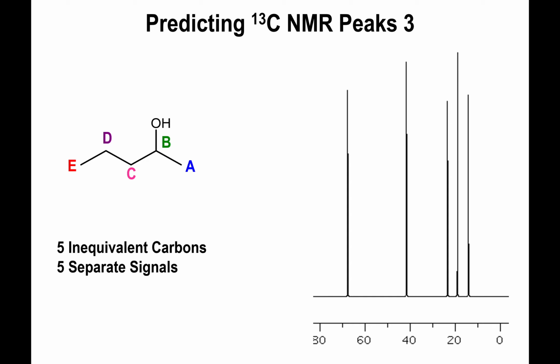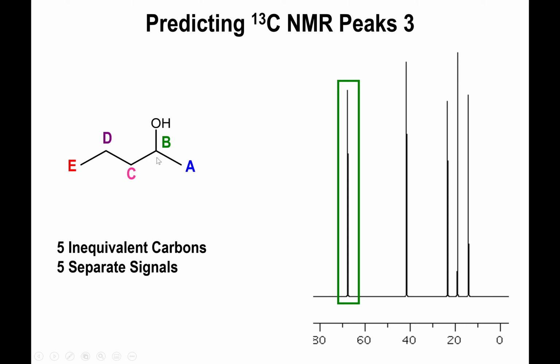All right, so 5 peaks, 5 carbons, right? So the peak that is farthest downfield is the one that has to encounter the most electronegativity, electron withdrawal. And that happens if you have a highly electronegative element bound to you, like oxygen.